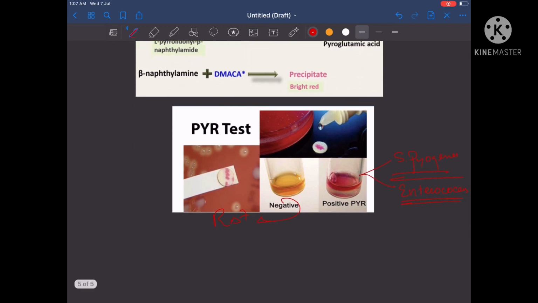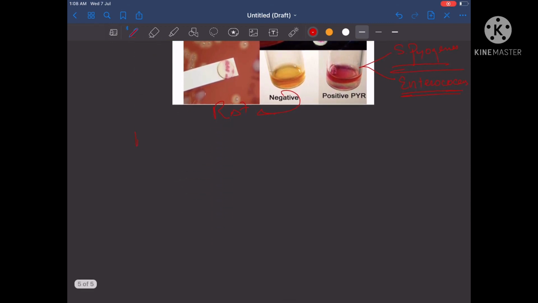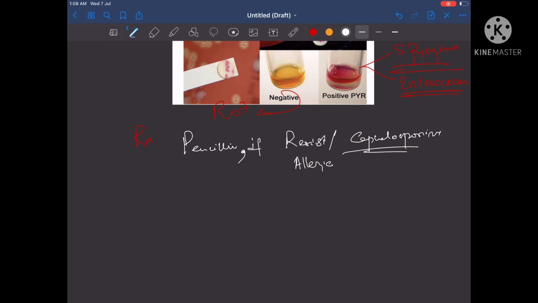Coming to our last topic in today's session, treatment. Treatment is very simple. We give penicillin, and if there is any allergy or resistance, we give cephalosporins. So this was it about Streptococcus pyogenes.